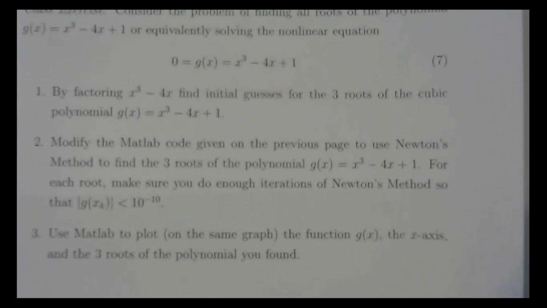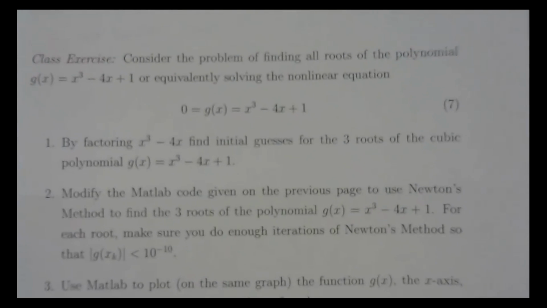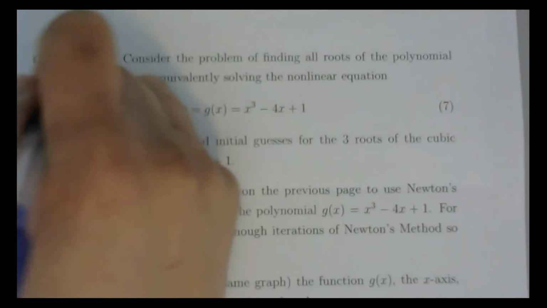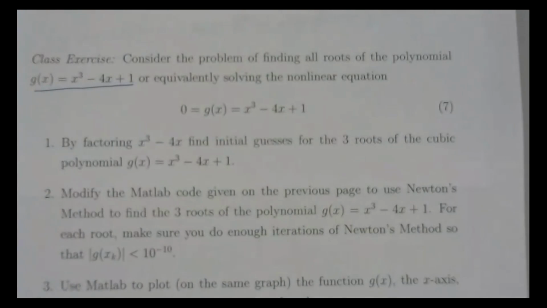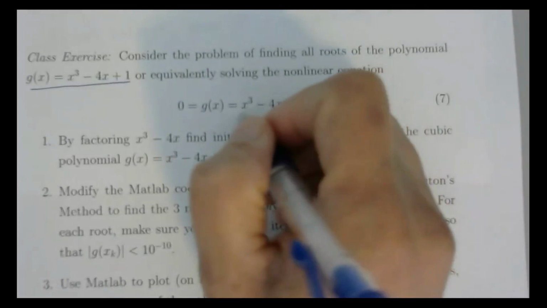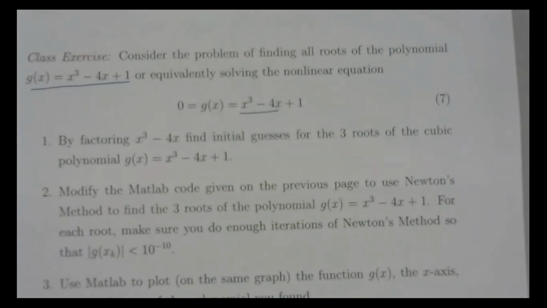Okay, so let's consider this exercise. Let's look at a slightly modified polynomial, another cubic, that I want to solve. So it has 3 roots, but it's kind of hard to factor. So let's just look at factoring the first 2 terms like we did before to get initial guesses for these 3 roots, and then modify the code that I just showed you together to find those 3 roots.